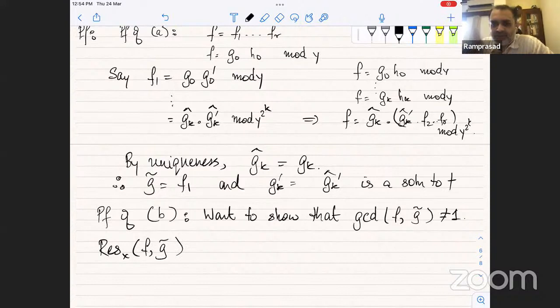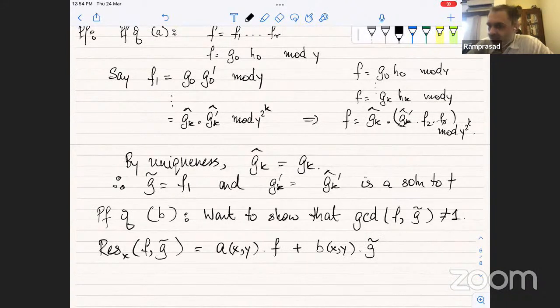Notice that exercise we had earlier, which says that the resultant of any two polynomials can be written as a times the first polynomial plus b times the second polynomial. So this can be written as some a of x comma y times f plus b of x comma y times g tilde.